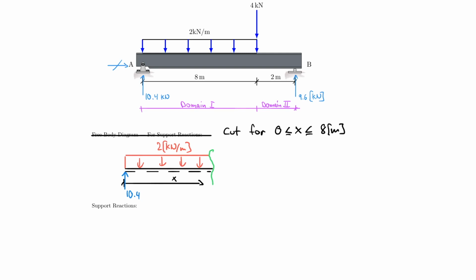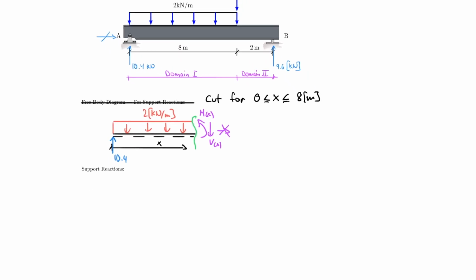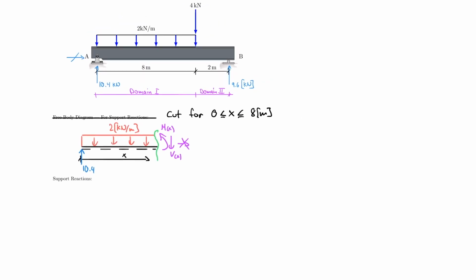So I'm cutting the system right here. Therefore, I bring in my moment, my shear force, and my normal force. This time they are M of x, V of x, and technically N of x, but let's forget that. That is 0 anyway.